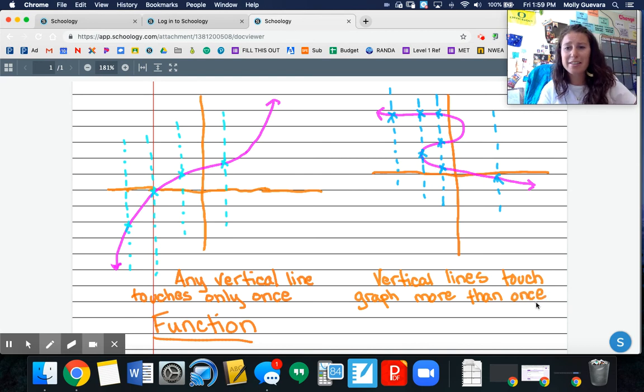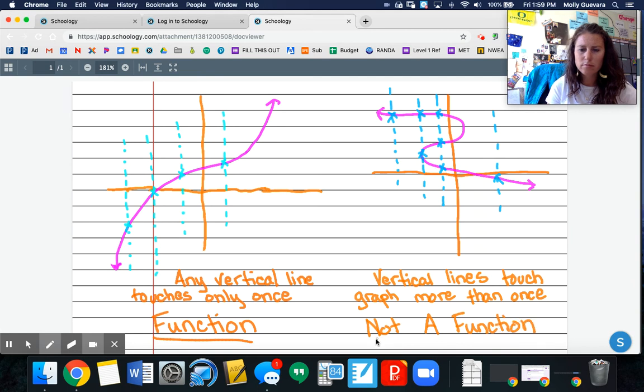So because of that, this does not pass the vertical line test, okay? So this is not a function.